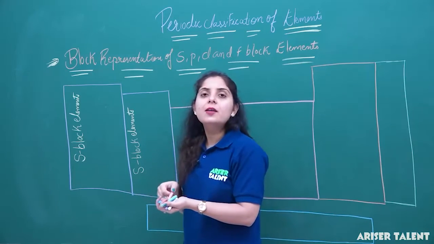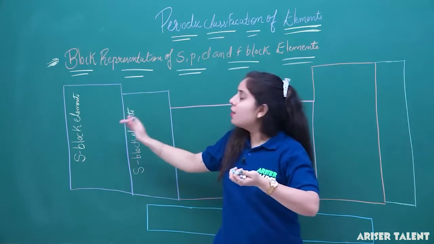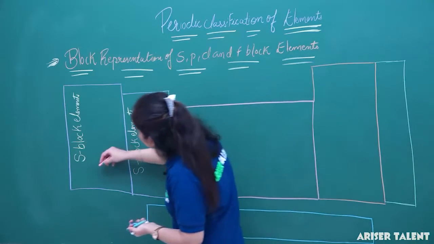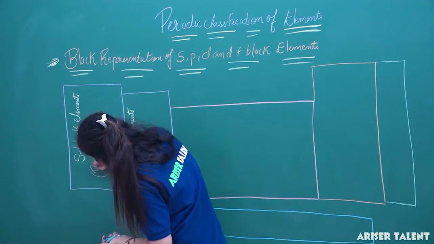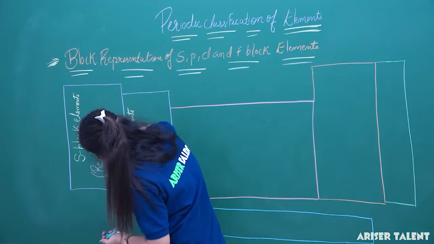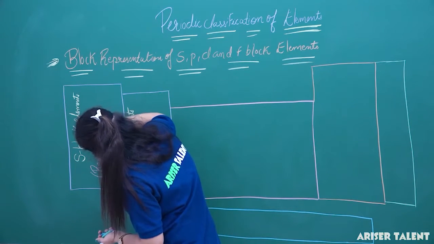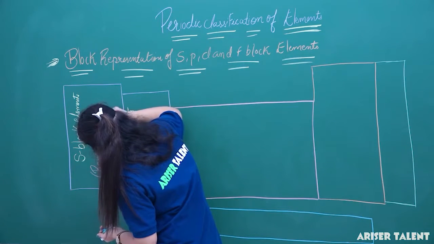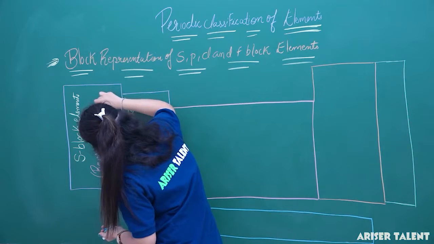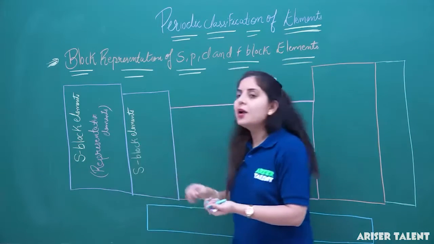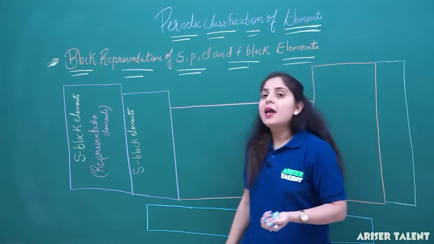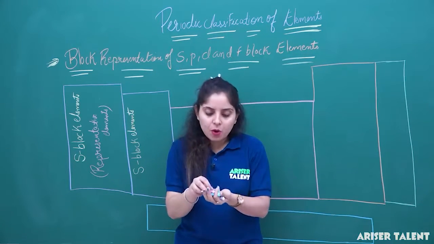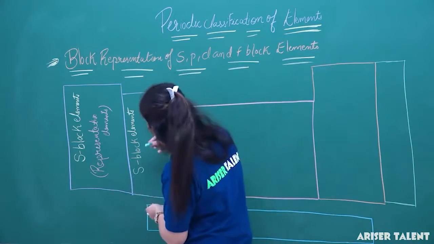And what will be the other name for such elements? We can call these elements normal elements or representative elements. These both are known as representative elements. And the general electronic configuration for the S block elements is ns1 to 2.